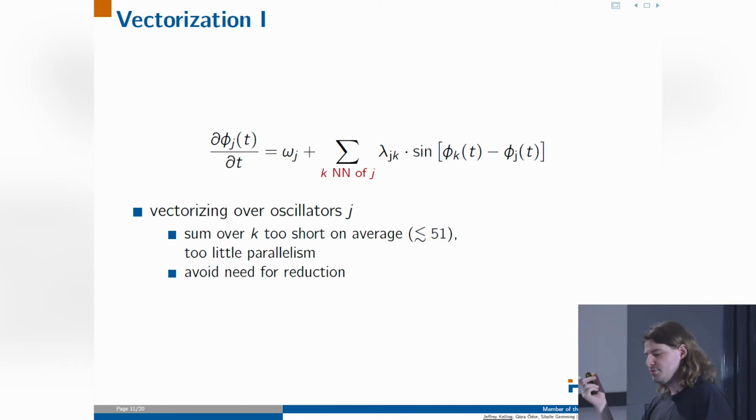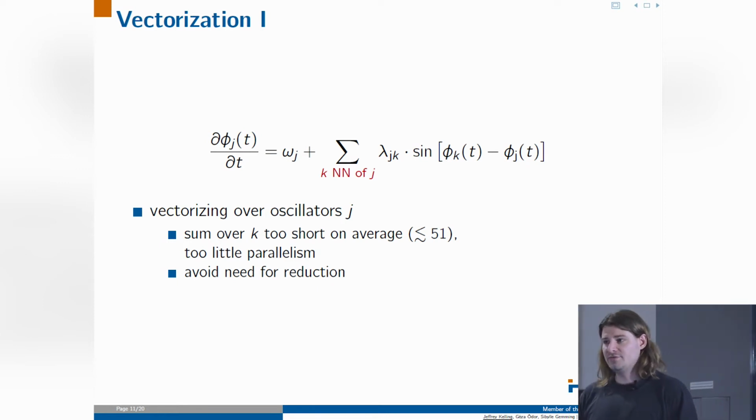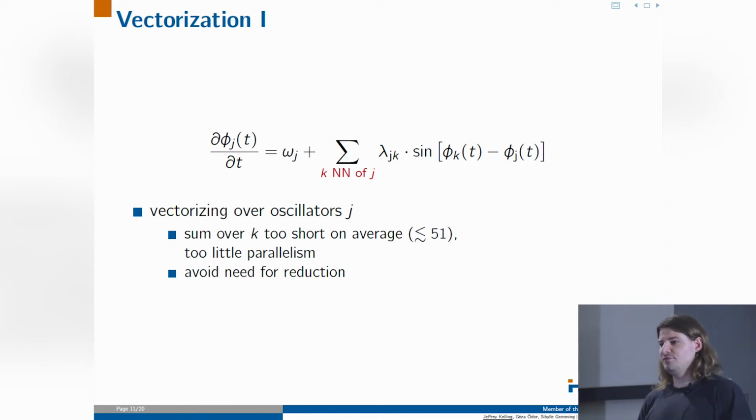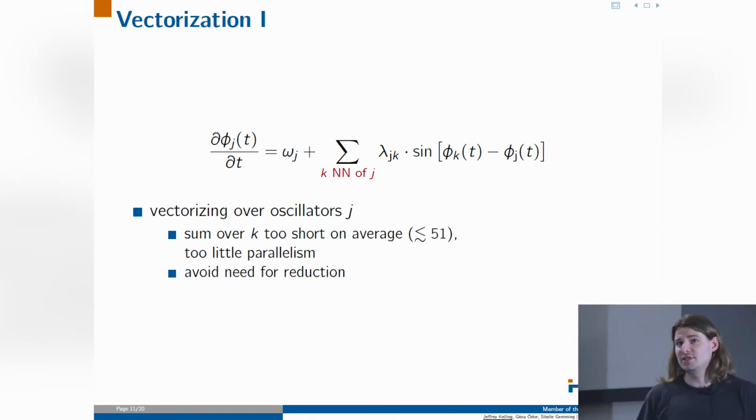The brain network that Gesa was talking about has about 50 incoming links per node on average. But we will see later that there's also a large spread in this number. There can be some which have 1, some which have 3,000. But even 3,000 doesn't give you lots of parallelization opportunity, and 1 especially doesn't. So this loop is too small to be parallelized efficiently.